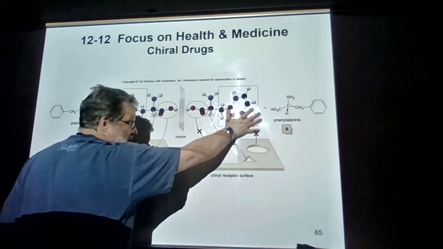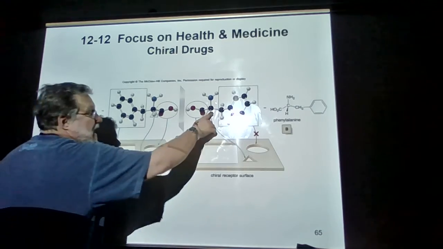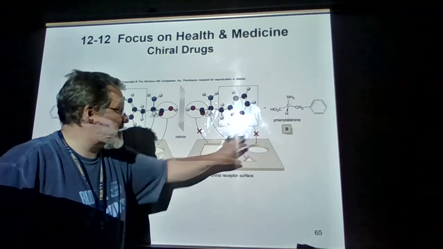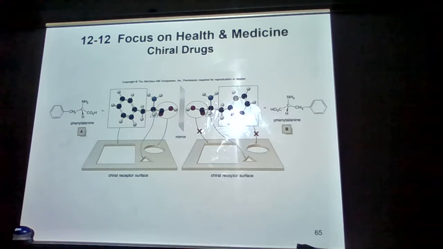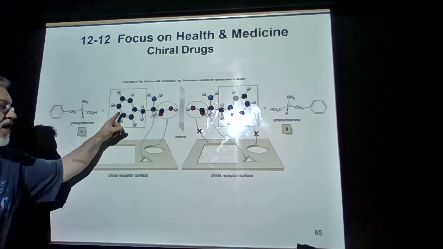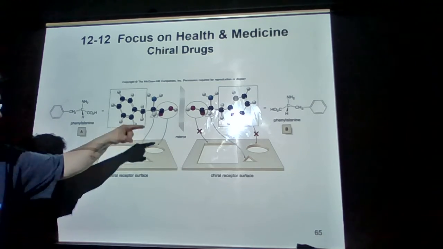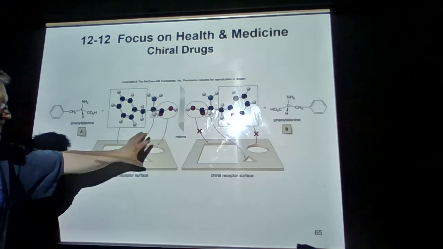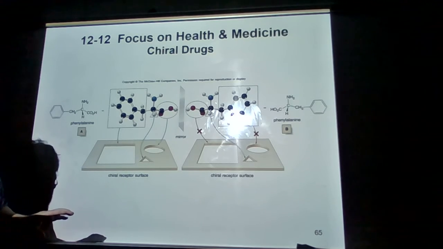So if this big planar group fits down like this, neither the small hydrogen nor the carboxylate group fit into this pre-designed chiral receptor site. So this is why only one particular isomer of a compound may have the activity and the other does not, because the molecule itself does not have the right fit or shape to fit into the site that triggers the activity.